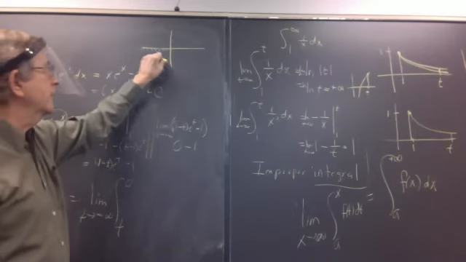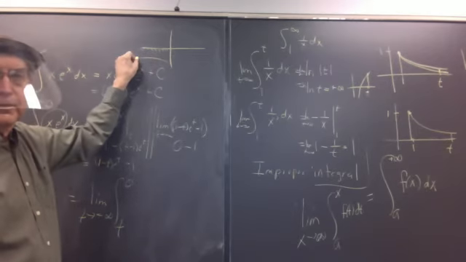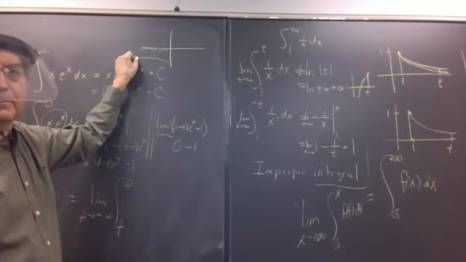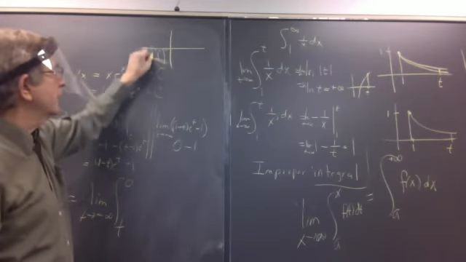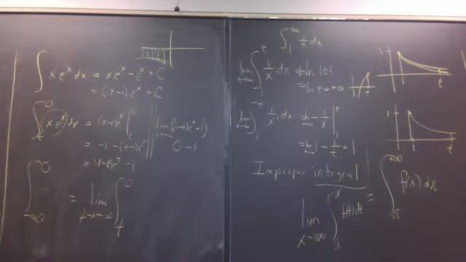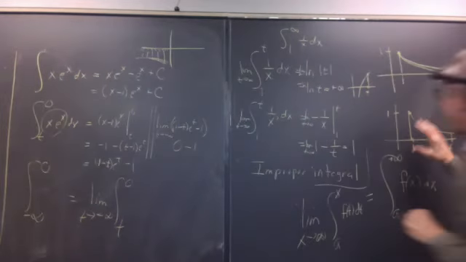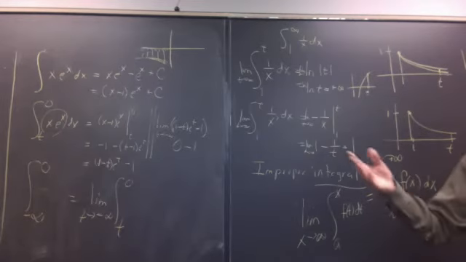I don't know, but it's going to be down here. And therefore, the integral is not going to be area. This is not probably a very good picture of this, but the integral is going to be this region, which is area with a minus on it. You know that. Okay, so we don't always get area, even if we want to interpret this thing as area. Sometimes we might get negative area, whatever that is.